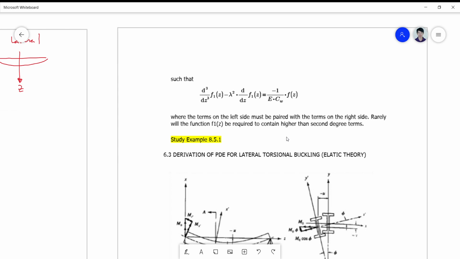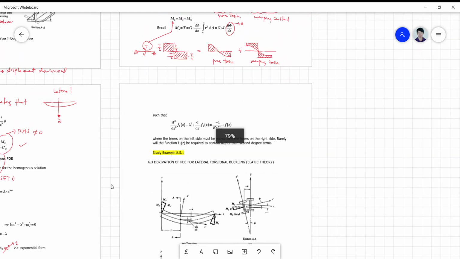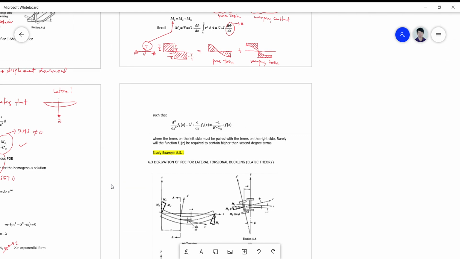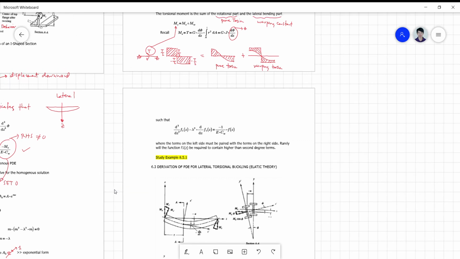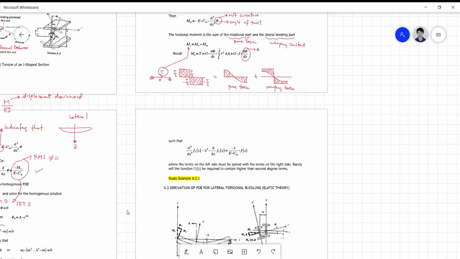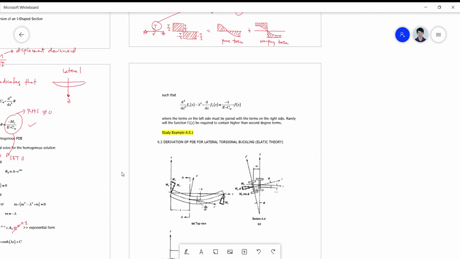So this is now your final differential equation that will represent your torsional behavior for I sections. Thank you very much, and I'll see you on the next video to continue some more derivations of the formula that will serve as basis for our lateral torsional buckling solutions.